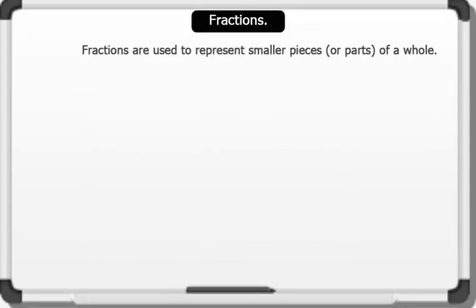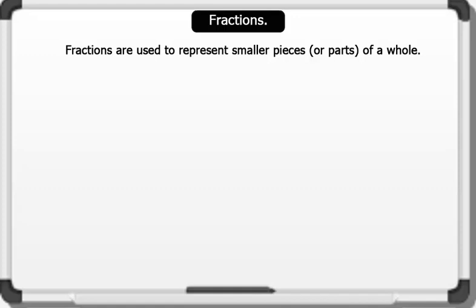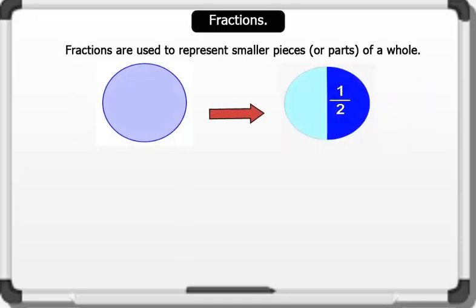Fractions are used to represent smaller pieces, or parts, of a whole. Remember, a whole represents an object that can be split into equal parts called fractions. This fraction is represented by two numerals, one on top of the other. The numeral below the line is called the denominator.